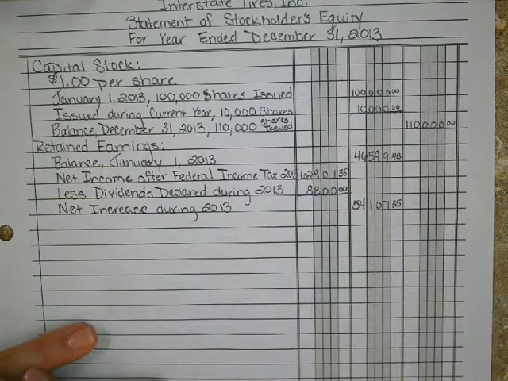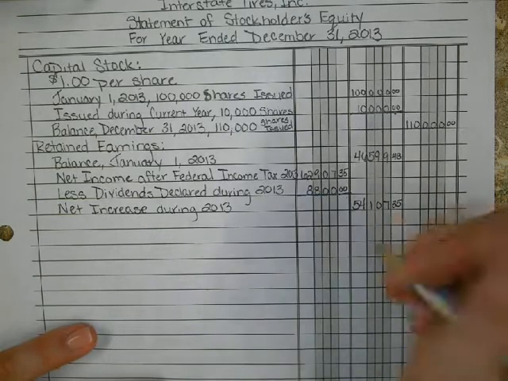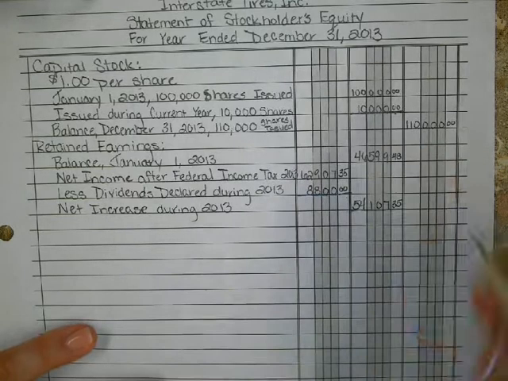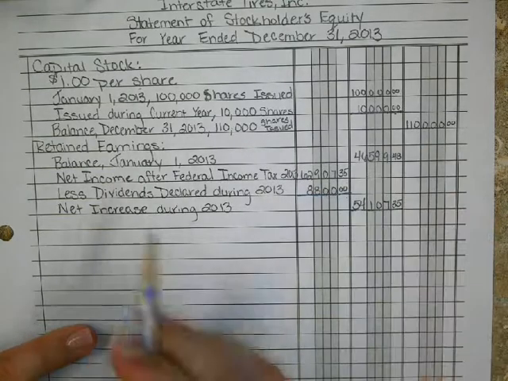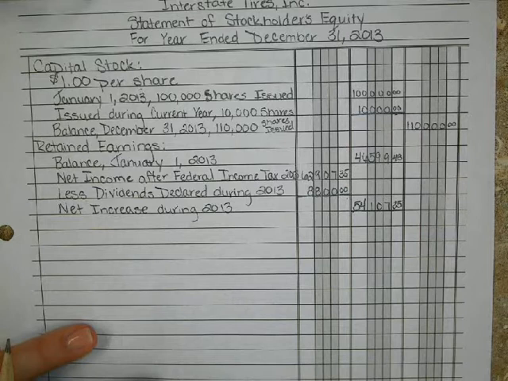Okay, so now what do I do? Good, I'm going to draw a line, and then I'm going to add these two numbers because I have my balance and my net increase. Where do I put that number? In the last column.